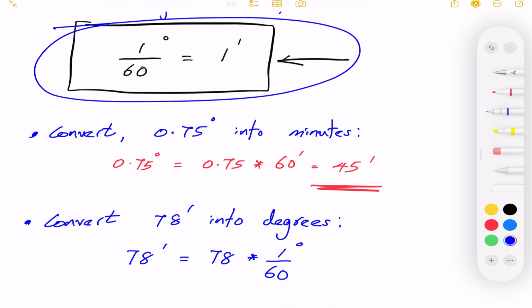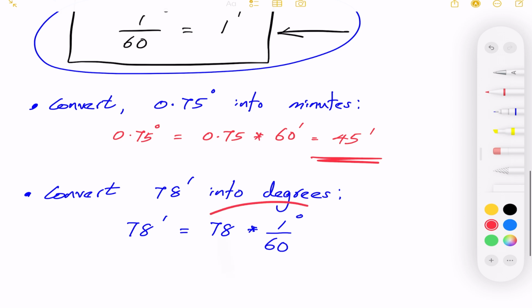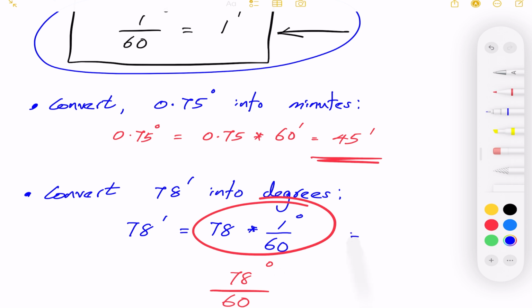Or you may simply remember this middle calculation as 78 divided by 60. Final answer will be in degrees. Therefore, if we simplify that one, we have to divide 78 by 60, then we get 1.3. We have 1.3 degrees.